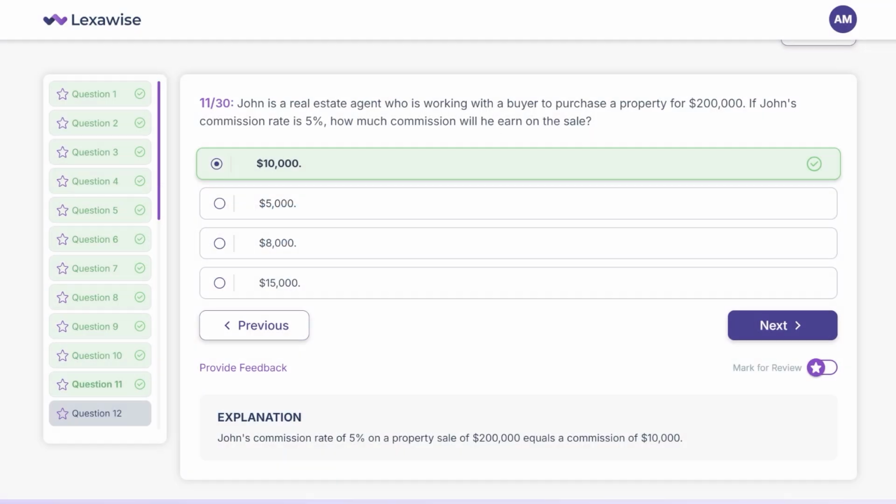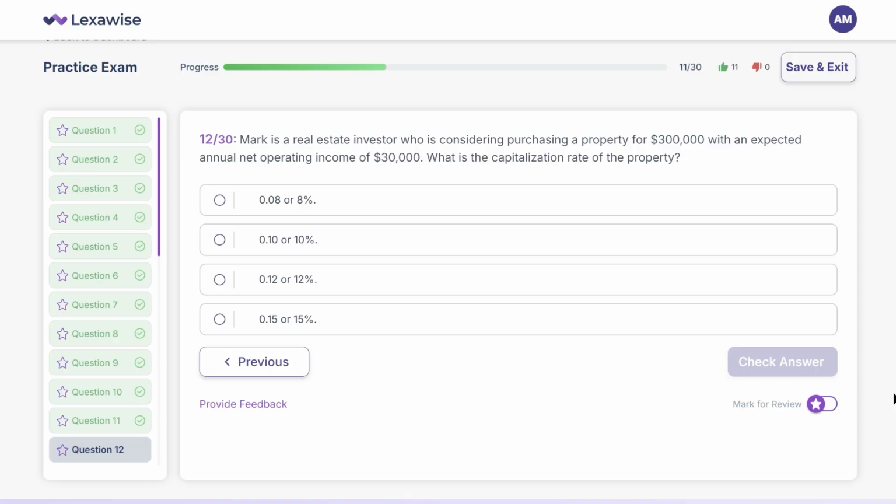Let's keep it rolling. Mark is a real estate investor who is considering purchasing a property for $300,000 with an expected annual net operating income of $30,000. What is the capitalization rate of the property? A. 0.08 or 8%. B. 0.10 or 10%. C. 0.12 or 12%. D. 0.15 or 15%.